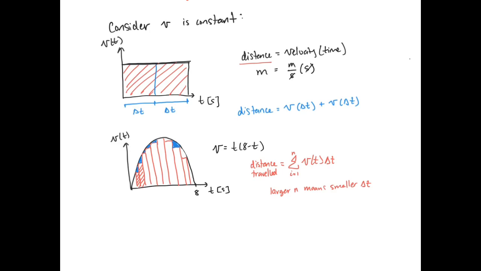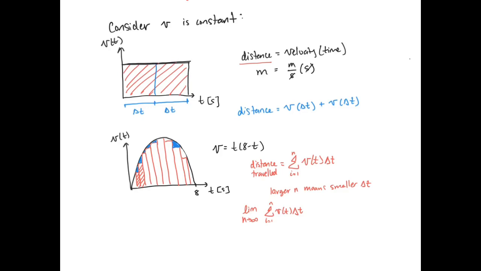And so what we'll do is we'll take the limit as n goes to infinity of our summation of v of t delta t, as i equals 1 to n, so the summation of all of our rectangles.